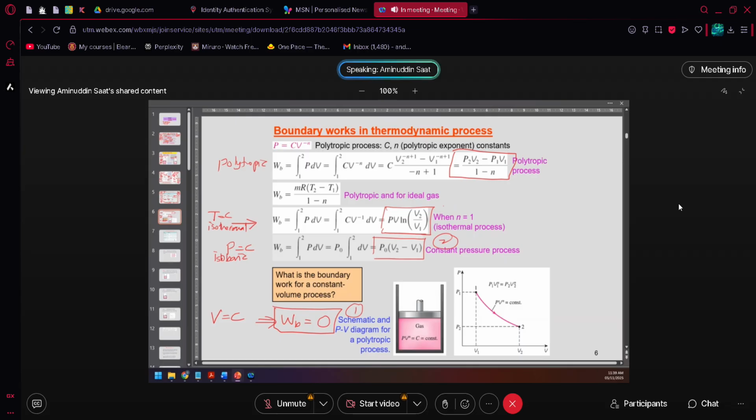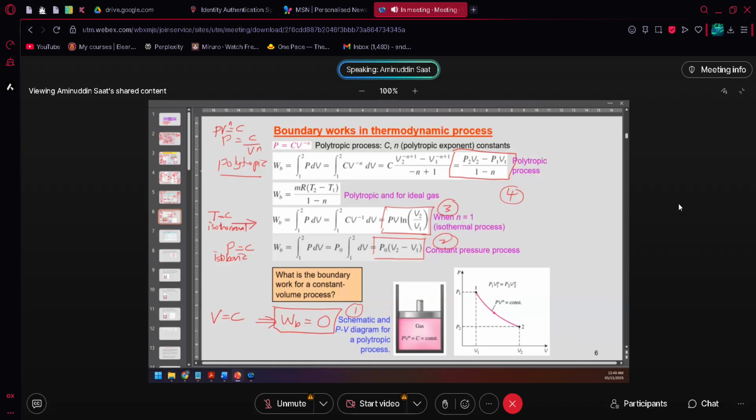So the longer equation, of course, is related to the polytropic. Okay, so you can see how the polytropic uses the equation PV^n equals C. So you change it to P equals C over V^n.